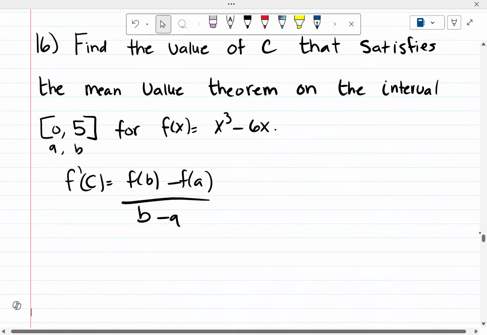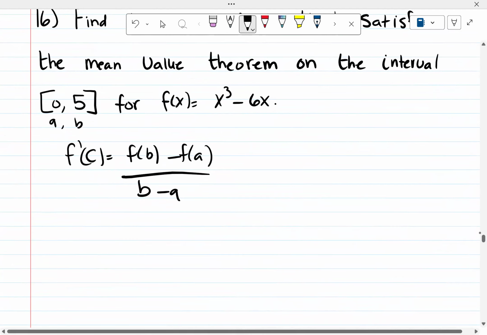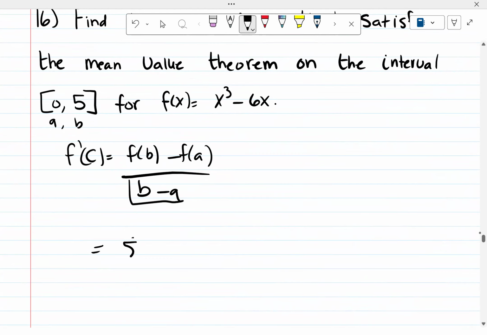Okay, let's just note what we know. So on the bottom here, what's b minus a? If b is 5, it's 5 minus 0. And then f of b, so f of 5 minus f of 0. And then what is f prime of c?